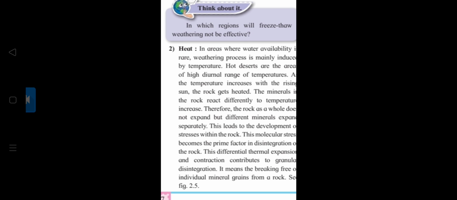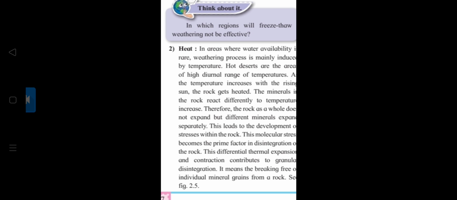As the temperature increases with the rising sun, the rock gets heated. What happens next? The minerals in these rocks react differently to the increased temperature. Therefore, the rock as a whole does not expand, but different minerals expand.